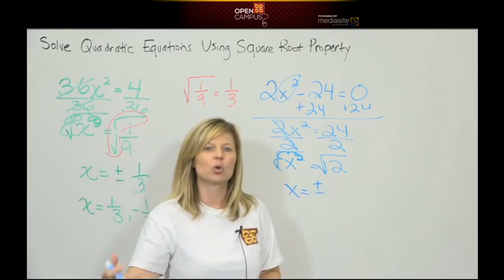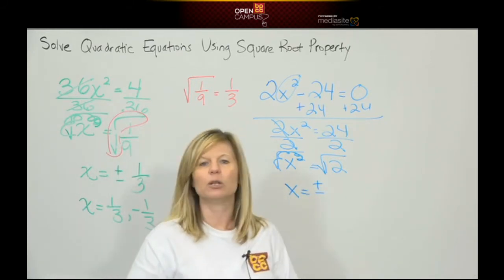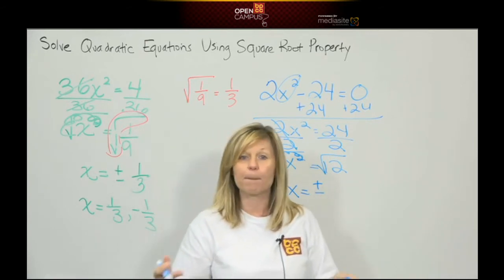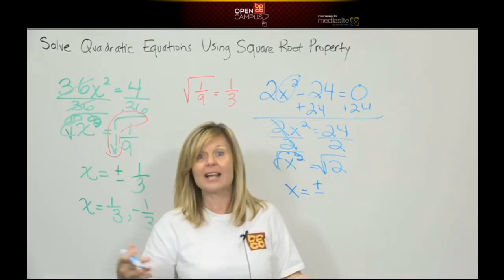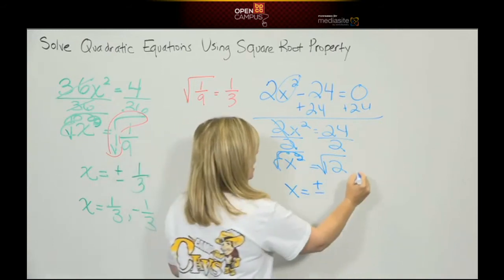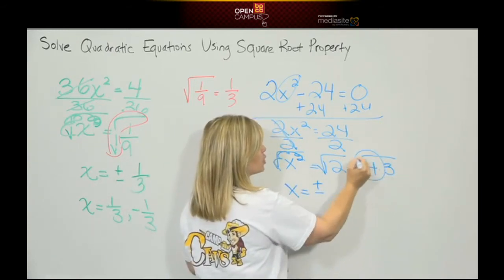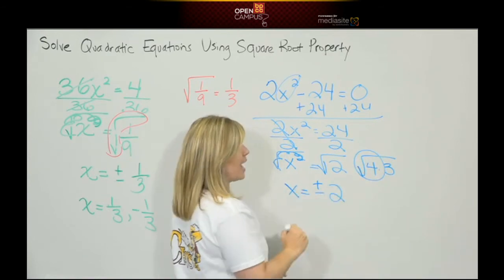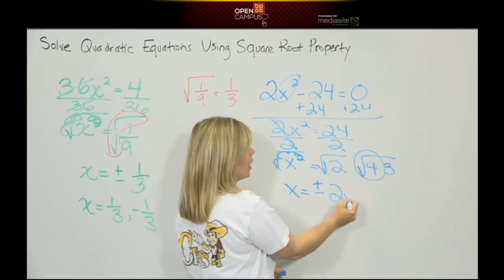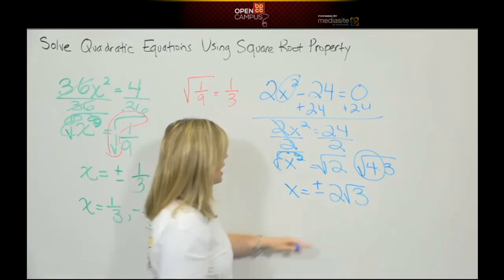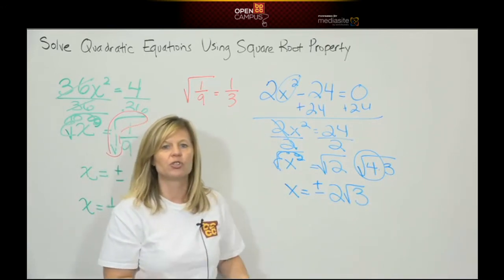Can you leave a square root of 12? Absolutely not. Now I know 12 is not a perfect square, but it has a perfect square number in it. 12 can be factored to be 4 times 3. And we all know the square root of 4 is 2. A 2 comes out. We all know we can't square root 3. It stays inside. And there are our 2 solutions.